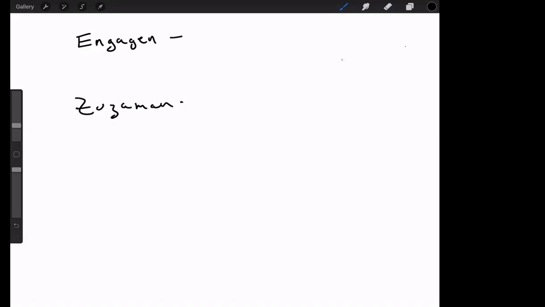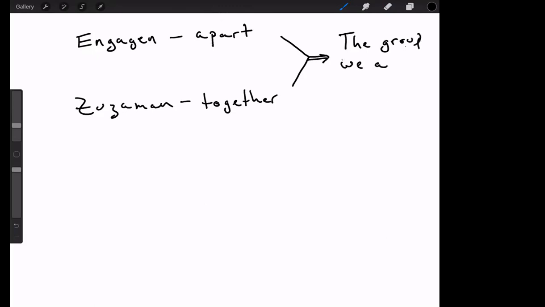These words mean apart and together. And what are we thinking about? What's either together or apart? It's going to be the group we assign high priority.